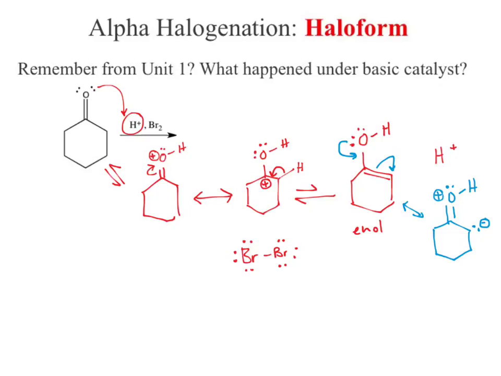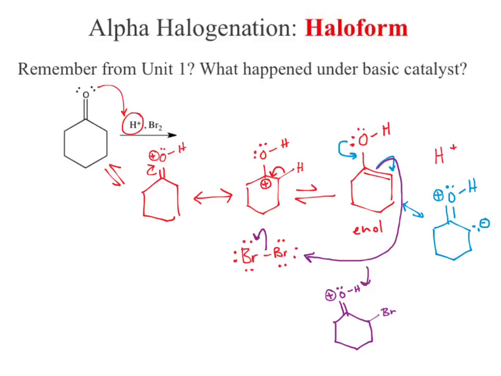What's that electrophile? We have our bromine. And the result is that we have done a substitution at what position? The alpha position of a hydrogen for a bromine.